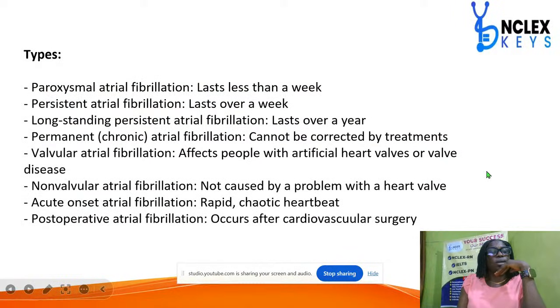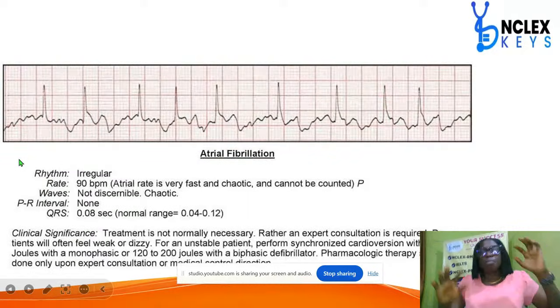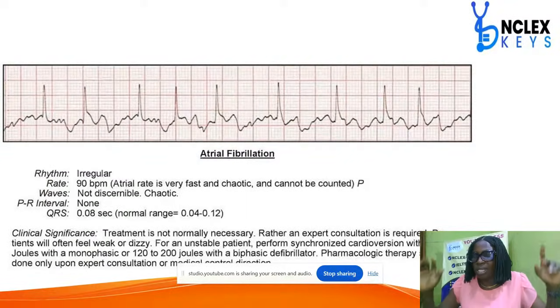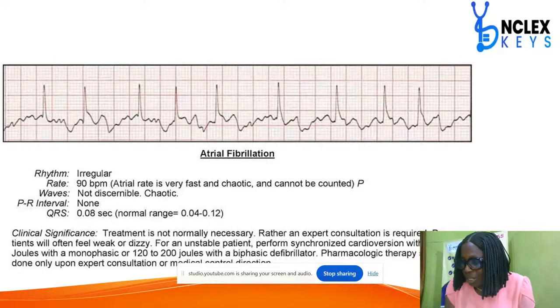So this is AFib. And know that what happened is the P is fibrillating. And just like the A flutter, the treatment depends on whether the patient is stable or unstable, meaning that you still have to assess this patient.